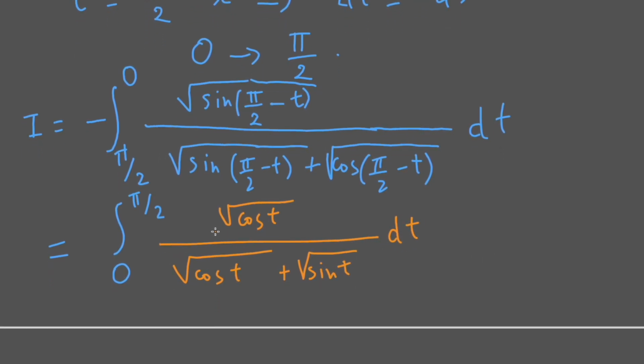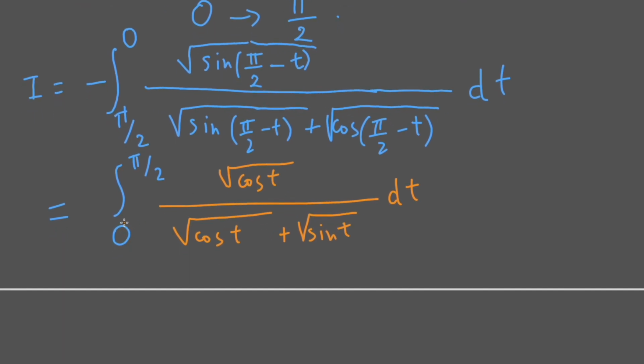And now we recognize that the domain of t is the same as the domain of x, and I, the integral at the beginning of the problem, equals the square root of cosine t over square root of sine t plus square root of cosine t dt.